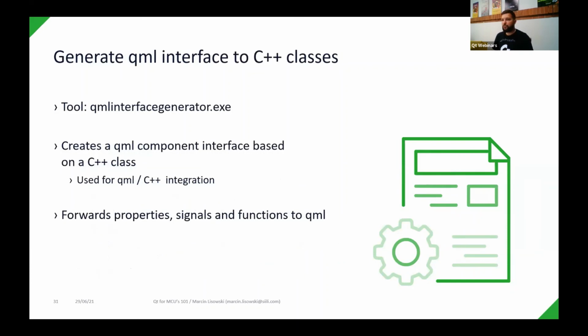QML interface generator is a tool to generate interfaces from C++ to QML. This will be covered really in detail tomorrow. But in general, this is the way of generating the interfaces to connect your QML with your C++.